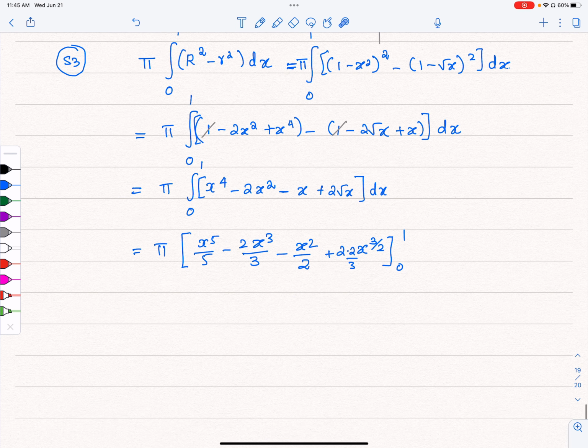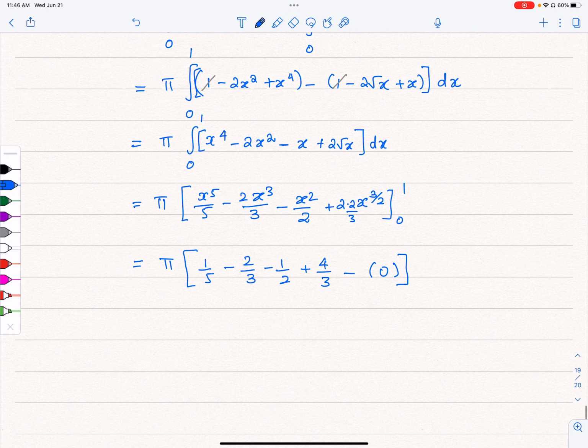So the only thing that matters is the upper limit, so the whole thing is going to be pi times 1 over 5 minus 2 over 3 minus 1 over 2 plus 4 over 3.